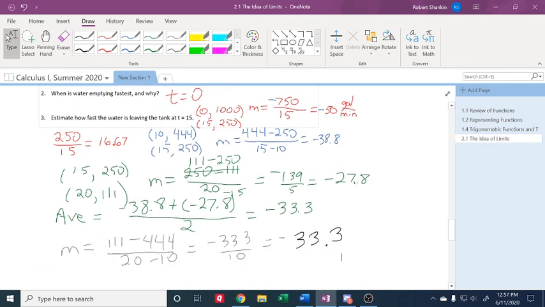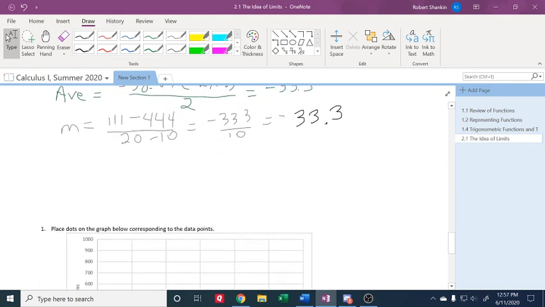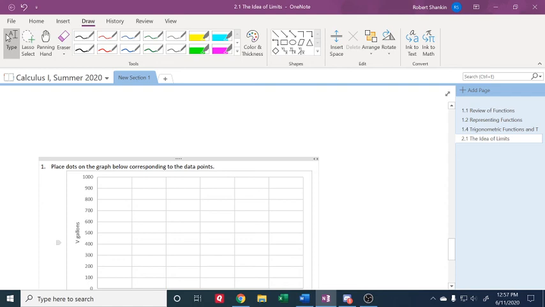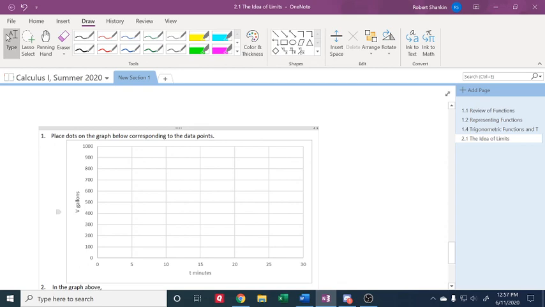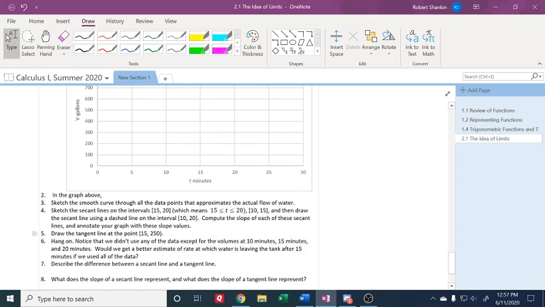You guys have great anticipation. You're going right towards where we need to look next, as we're going to take this data. It says place the dots on the graph below corresponding to the data points. So we're going to make data points for each one of these, place them into this curve, and then in the graph above sketch a smooth curve through all the data points that approximates the actual water flow, and then sketch the secant lines, which is exactly what we've been talking about.